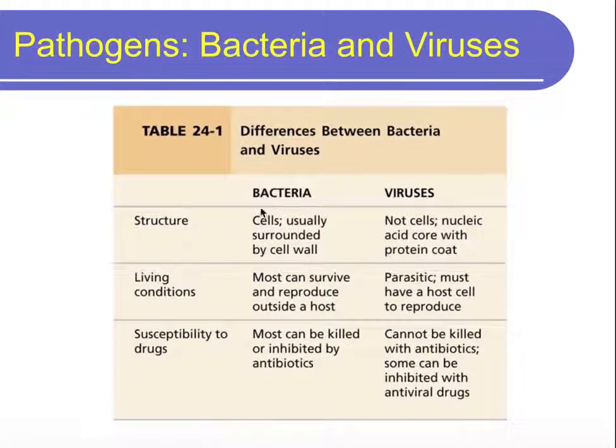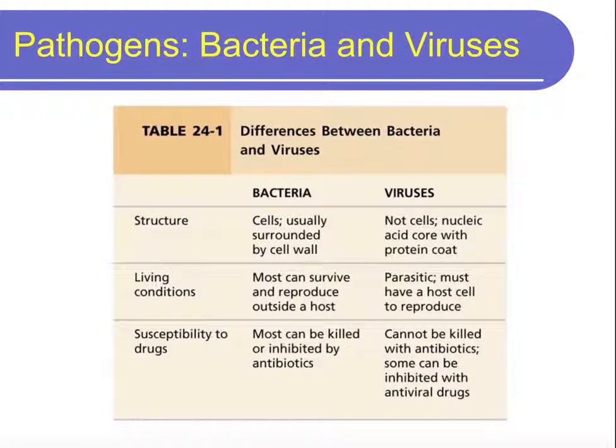How do we kill bacteria? Antibiotics. So when you go to the doctor, a lot of the time, depending on what you have, if it's a bacteria, you'll get antibiotics. And we have lots of different types of antibiotics. And that's because antibiotics can be developed to attack bacteria. And since bacteria live outside of a host and reproduce outside of a host, it's easier to target them. Versus viruses reproduce inside of a host, so it can be a little bit trickier.